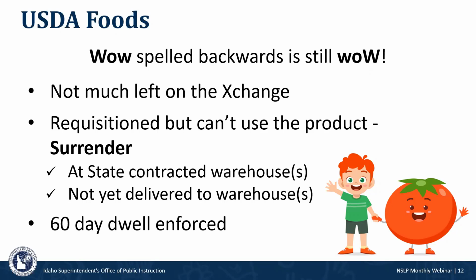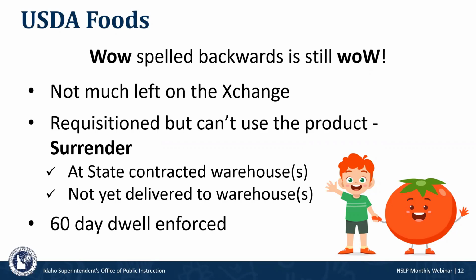Or two, it hasn't actually been delivered yet to the warehouse, but let's say you ordered 60 cases of green beans that are scheduled to be delivered October 15th, and there's just no way you're going to use all 60 of those cases. You can go ahead and complete that surrender template, send it to us, and we'll make sure that it's posted so others can then claim it with an anticipation of being able to use those green beans.